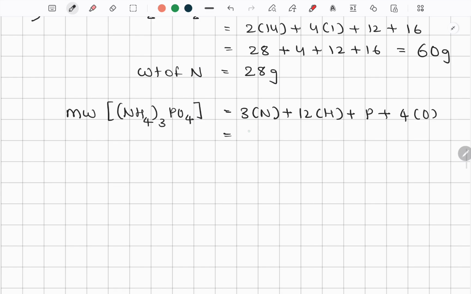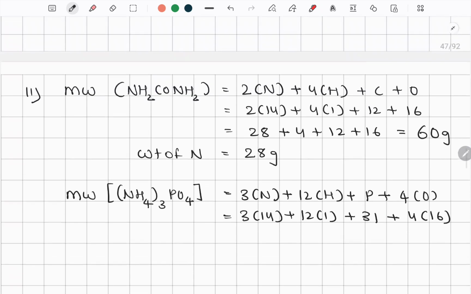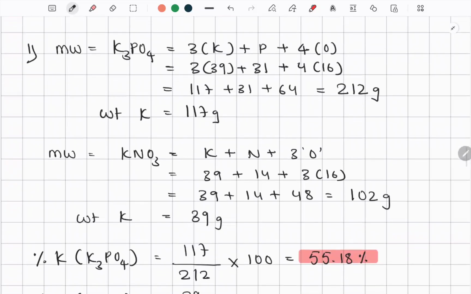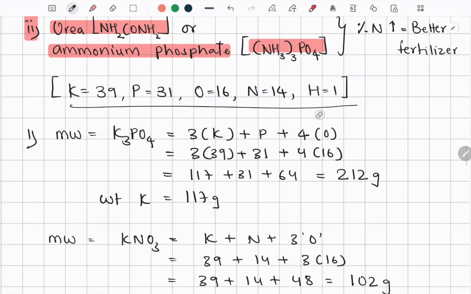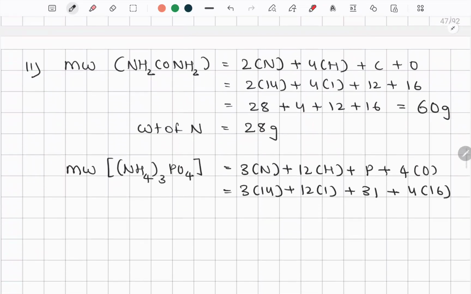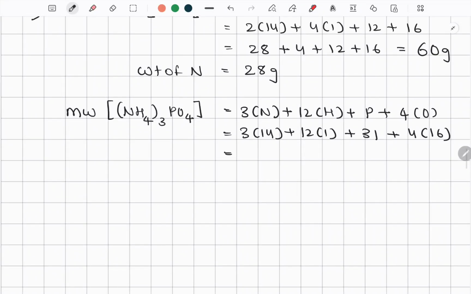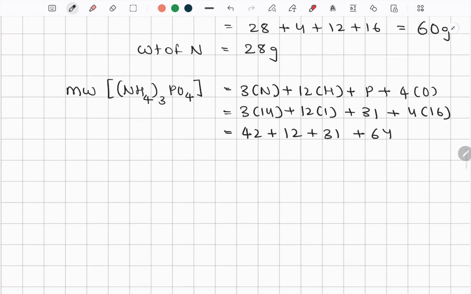Now 3 into nitrogen. Nitrogen is 14, hydrogen is 1, phosphorus is 31, and oxygen is 16. All these atomic weights are already given in this question. Now let's calculate. It is going to be 42 plus 12 plus 31 plus 64. When you add all these numbers, you get the answer equal to 149 gram.